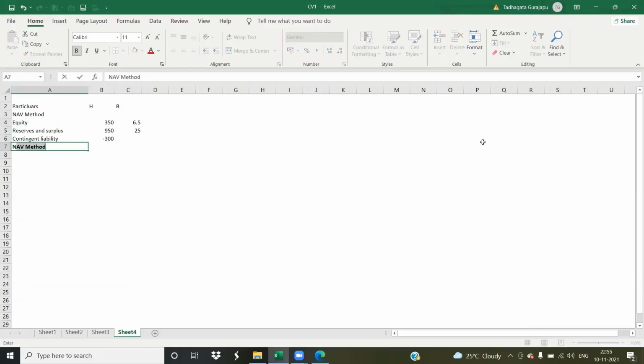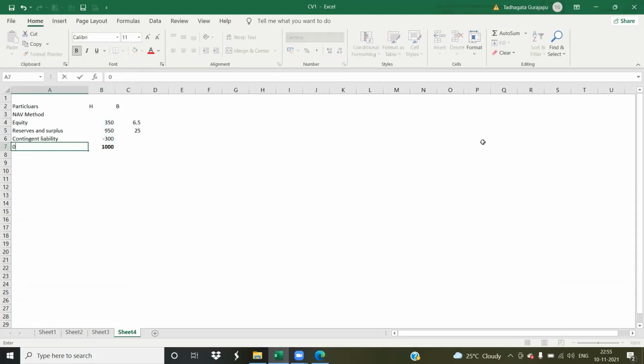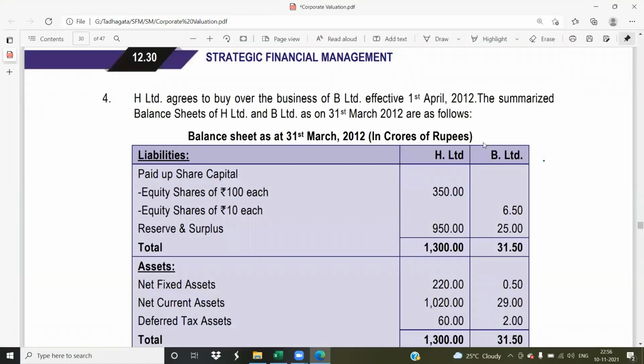So, NAV. Okay, everything is in crores. Okay, this we have to mention it here. What is the shares outstanding?